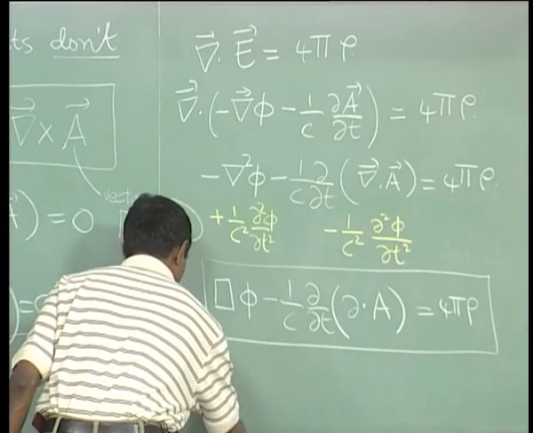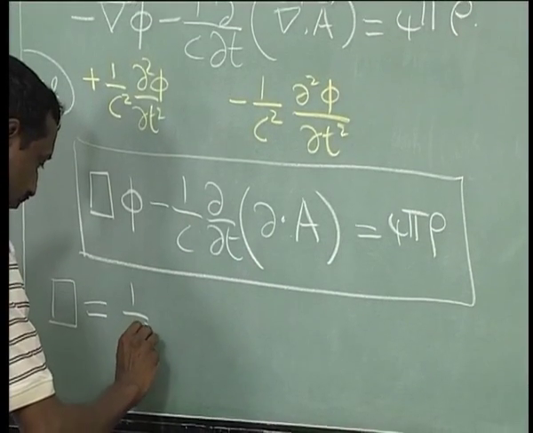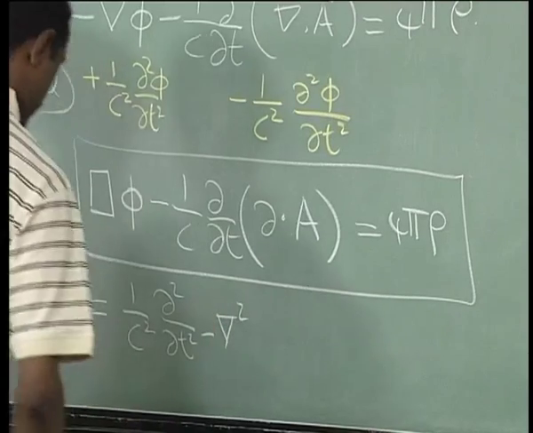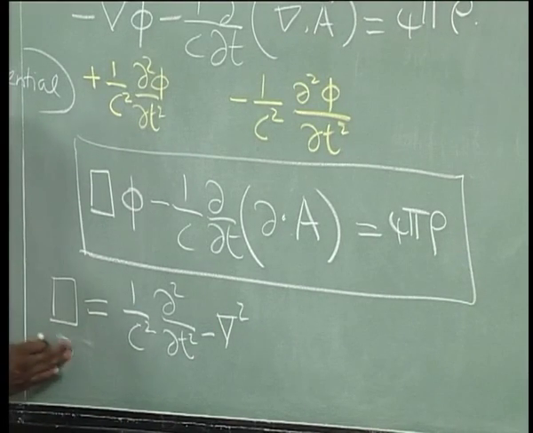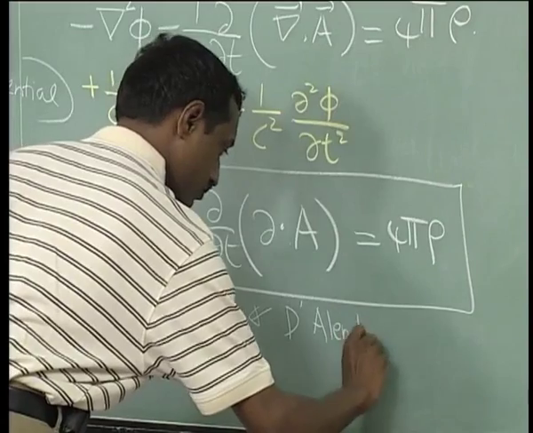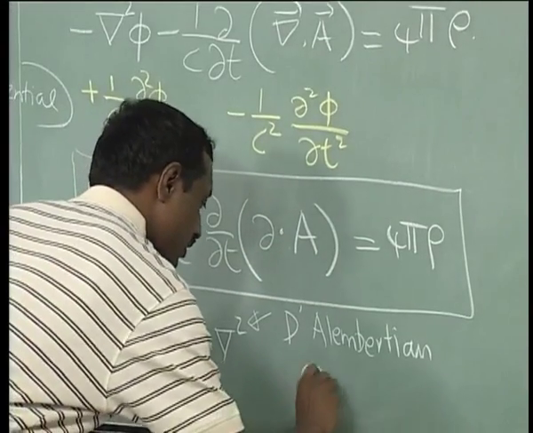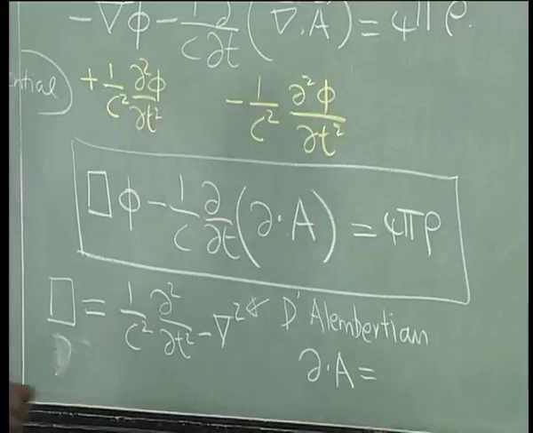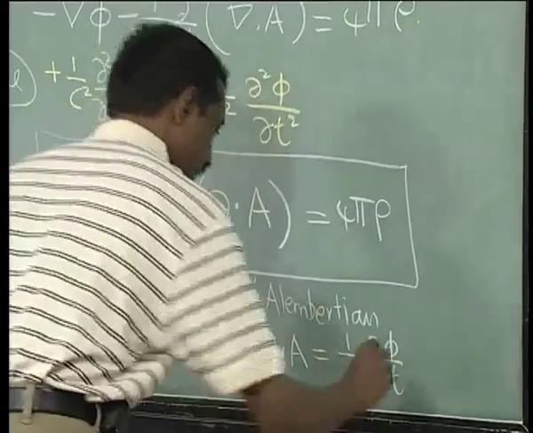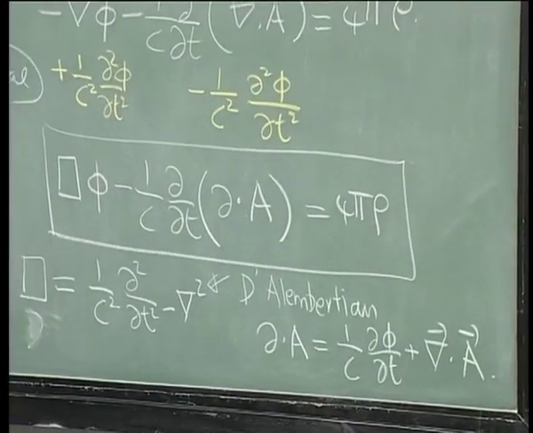Box is an operator which is called the D'Alembertian, which is basically... so it is called the D'Alembertian, and this combination D dot A is nothing but 1 by C d phi by dt plus this combination.